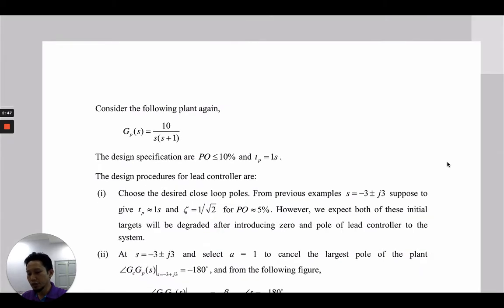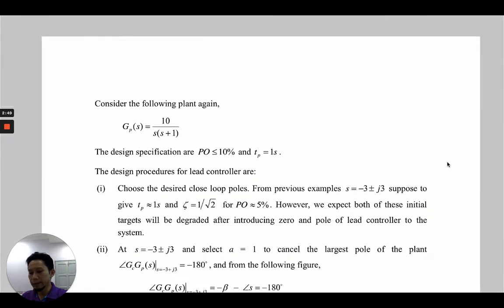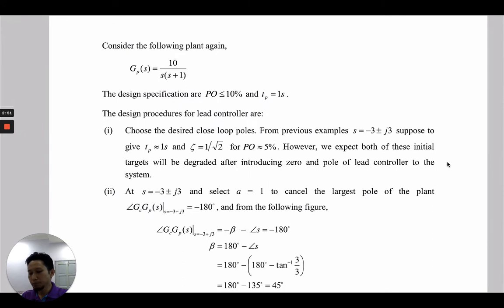Next, we consider the following plant. Again, say we have Gp = 10/(s + 1), and the design specification is percent overshoot less than 10%, and we also want the peak time of the response to equal 1 second.